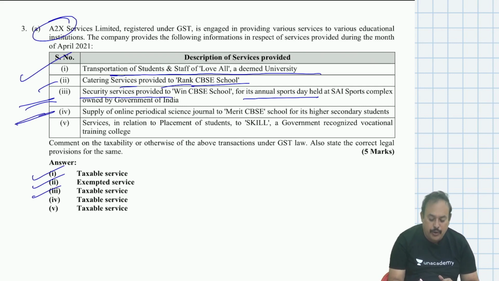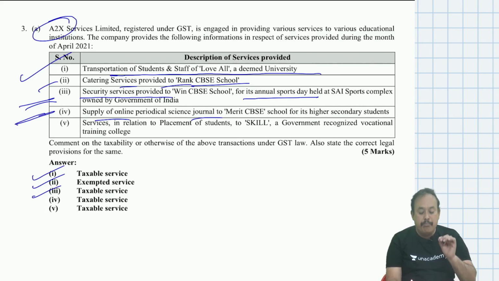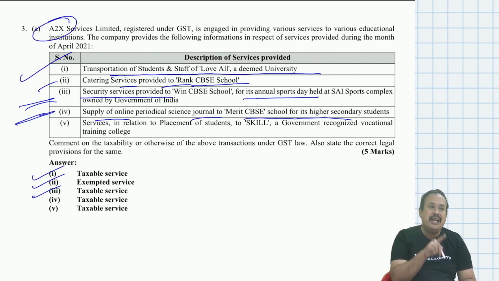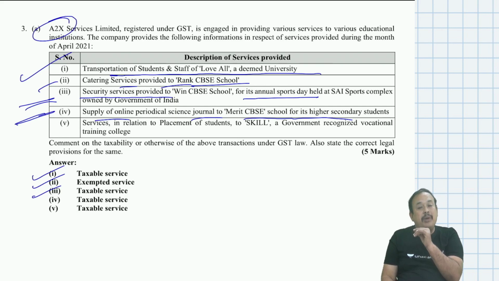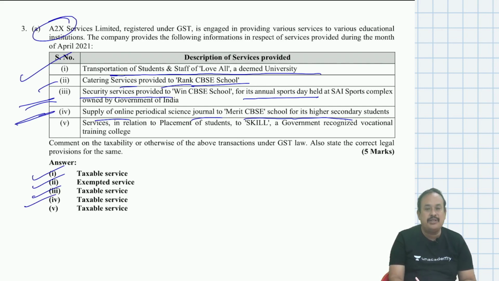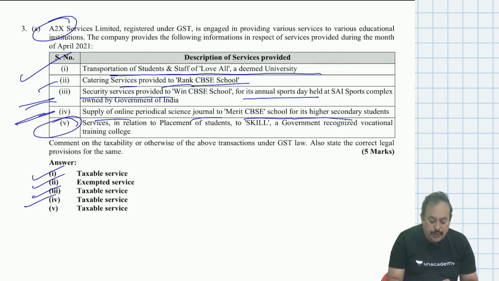Further, point number 4, supply of online periodical science journals to Merit CBSE school for its higher secondary students. Online periodical journals provided only to a recognized degree providing institution are exempted. Here it is a higher secondary school, therefore taxable. Exemption not allowed. Point number 4 completed.